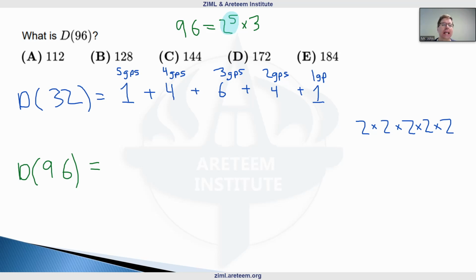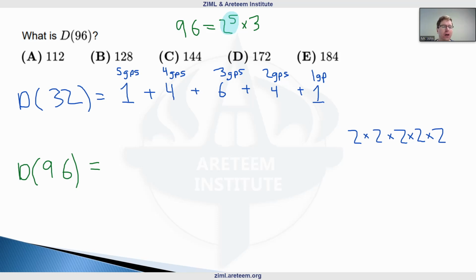So let's look again at the 5 groups case. In fact, we've just already drawn the outcome that we have there. We have 2 times 2 times 2 times 2 times 2. That is our 32. That was the one way to write 32 with 5 things there.